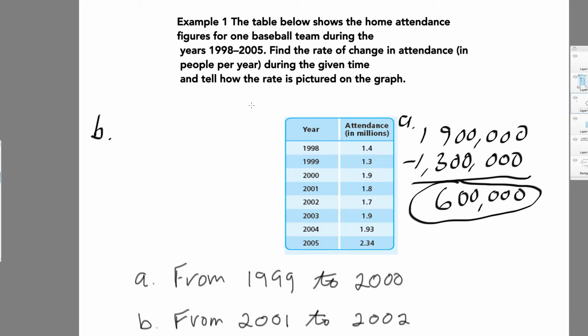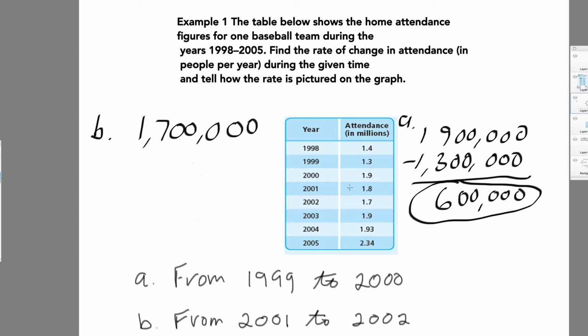So from 2001 to 2002, the last thing that happened was 2002, so that's 1,700,000. Remember, we need to rewrite this in terms of what that number really is. So it's in millions.